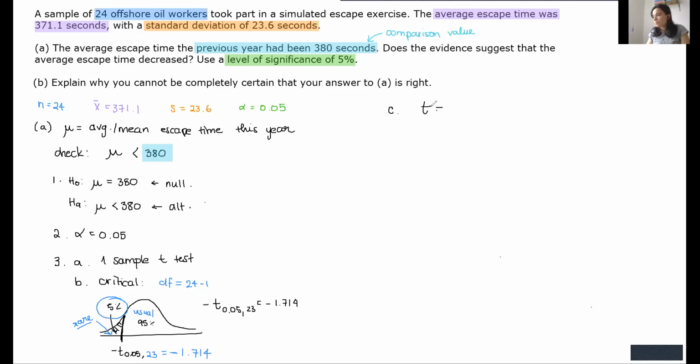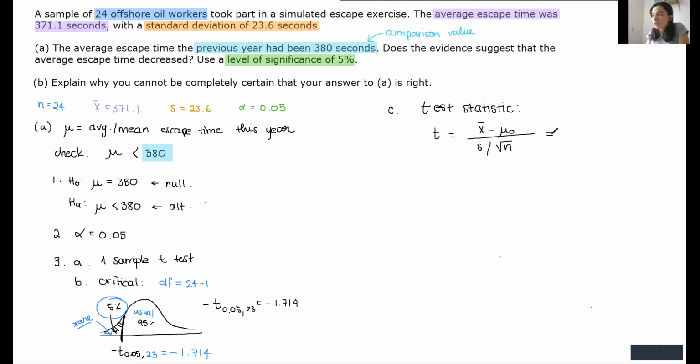Step C over here is the test statistic. And this is based on what we did last class, so you should have it in your notes. The formula for t is equal to x bar minus mu naught, which is the comparison value, divided by s over square root of n.